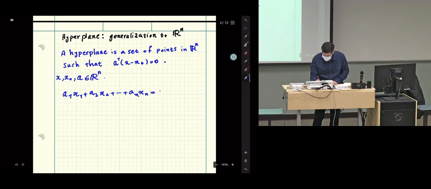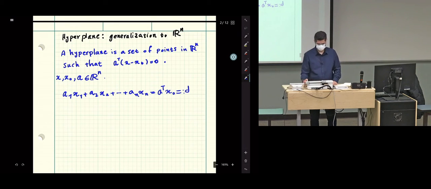And again, A transpose x0, we will define it to be D. And D ends up being a scalar because it's the output of the dot product of two n vectors, or a vector and a point. So D is a real number. So this is a hyperplane.